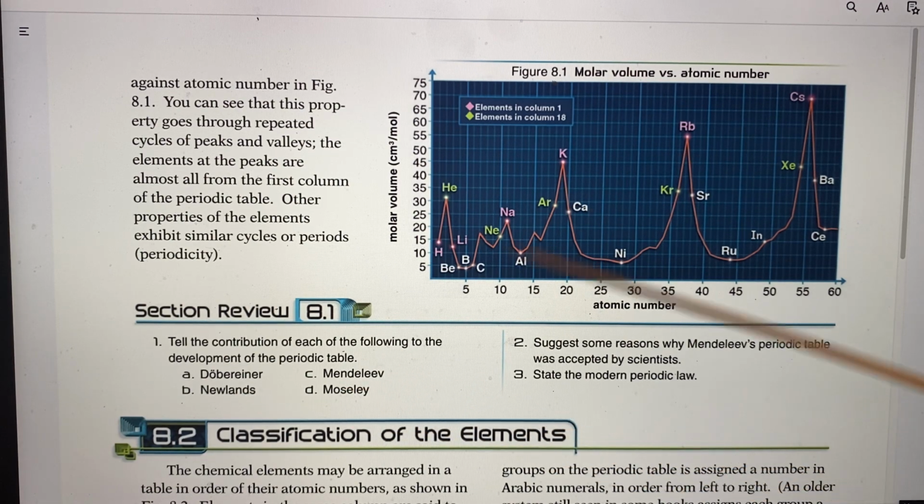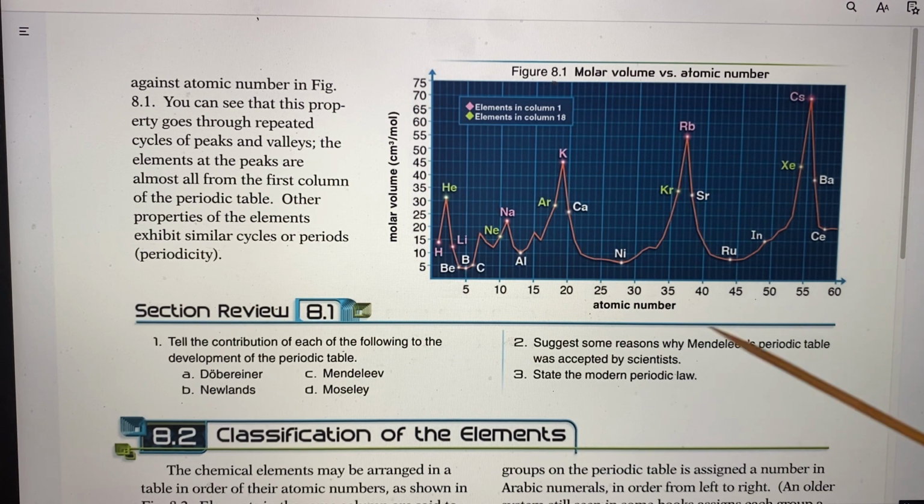And then Mendeleev put together a periodic table based on atomic mass, which means the neutrons, protons, and electrons all together. And later we find Moseley, he said, it's not atomic mass, it's atomic number. It's the number of protons or electrons. And that's what we have today in the periodic table.